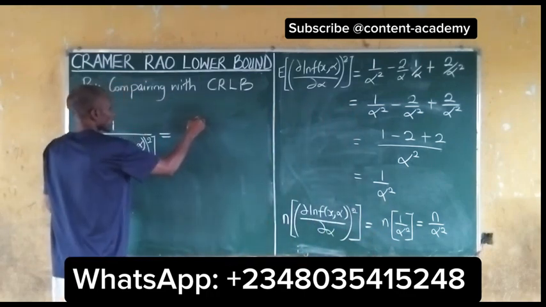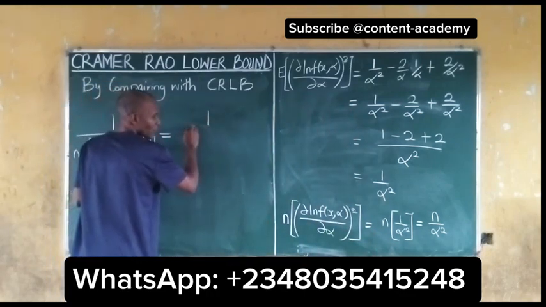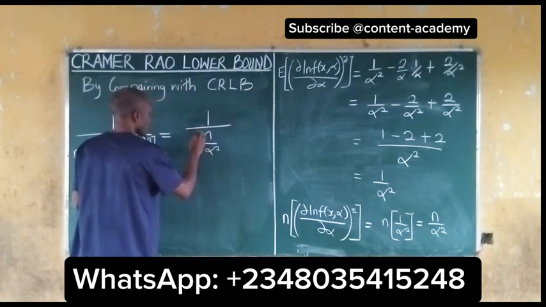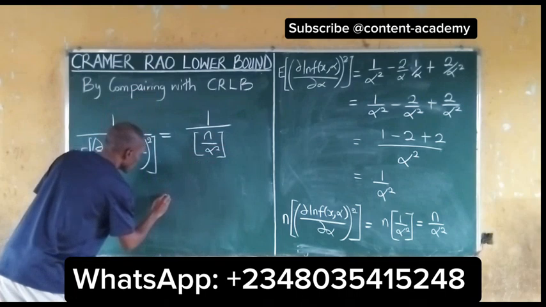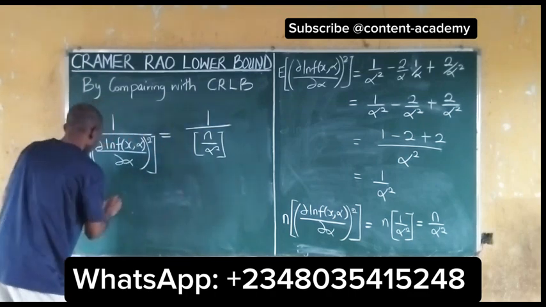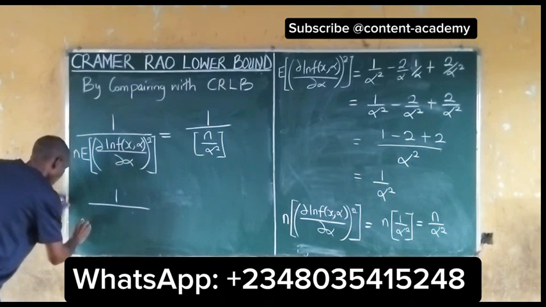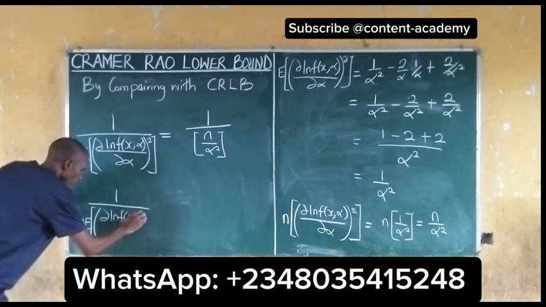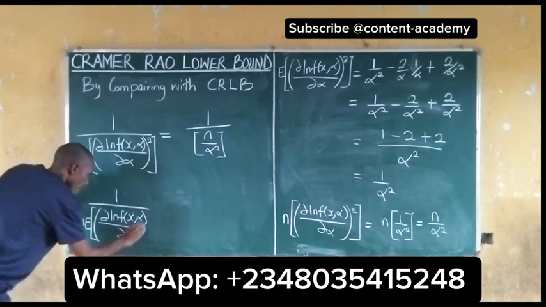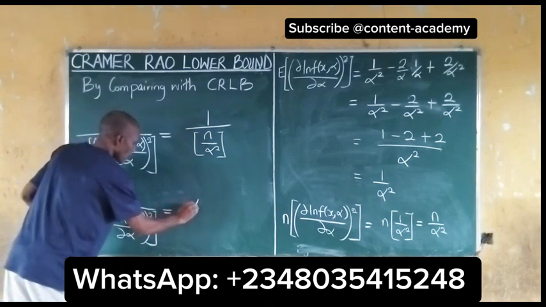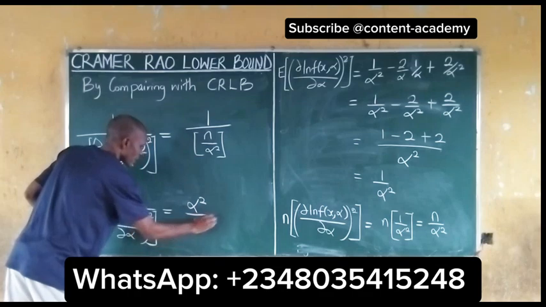So we then need to get 1 all over n all over alpha squared, which gives our final answer to be 1 all over n expectation of the differential log of our function, squared, is equal to alpha squared all over n.